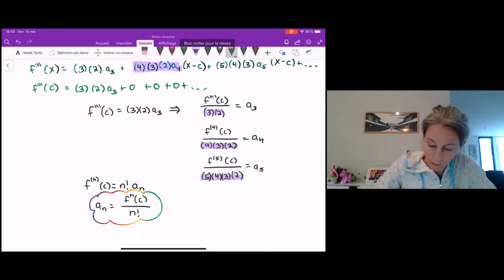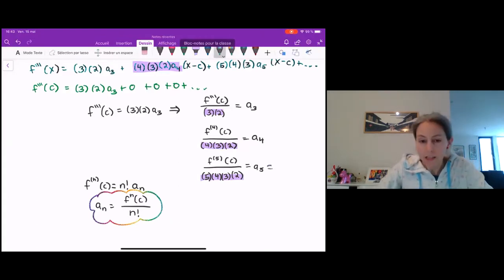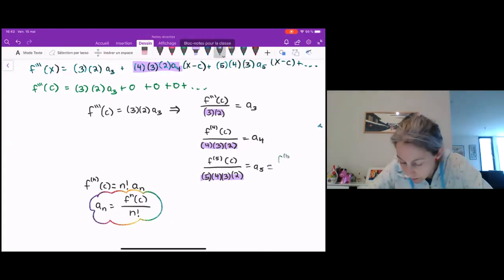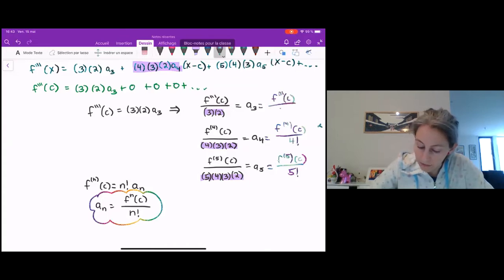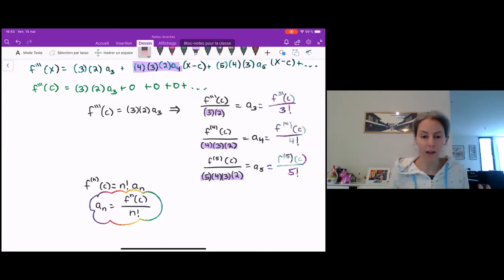So I'm just going to go back and rewrite each of these. A sub 5, that's the fifth derivative at c, divided by 5 factorial. The fourth derivative at c, divided by 4 factorial. The third derivative at c, divided by 3 factorial. So we see that this pattern developed that allowed us to find these a sub n.